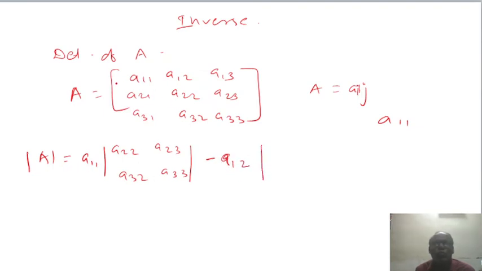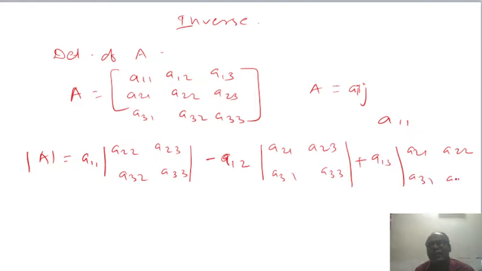Means first row, second column. Then write down the remaining: A21, A23, then A31 and A33. Then plus, minus, again plus. Plus A13, first row, third column. Don't write the first row, third column. Then it is A21, A22, A31 and A32. Is it clear? This is called the determinant.